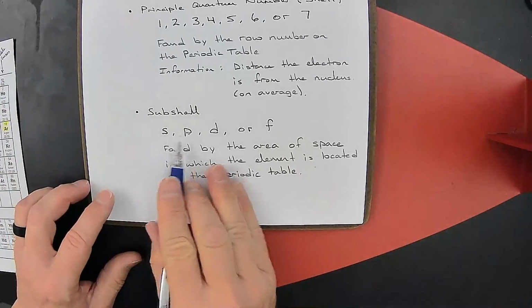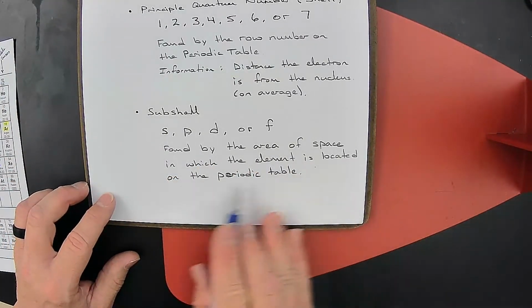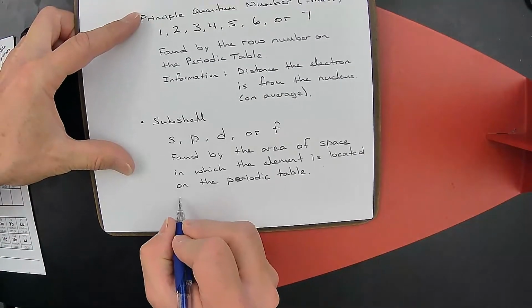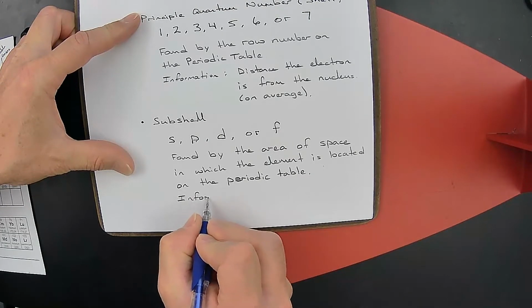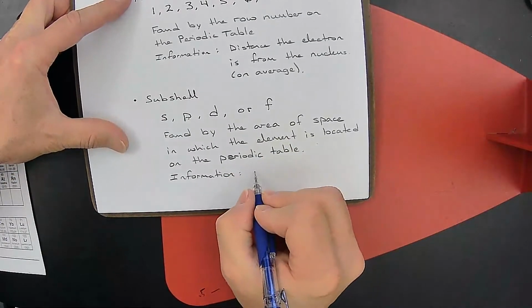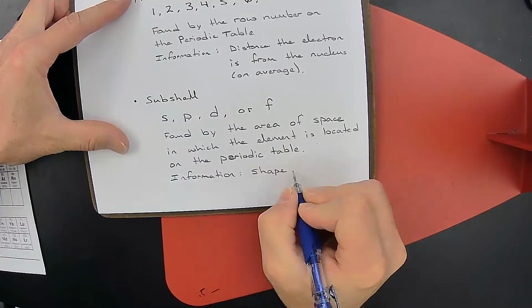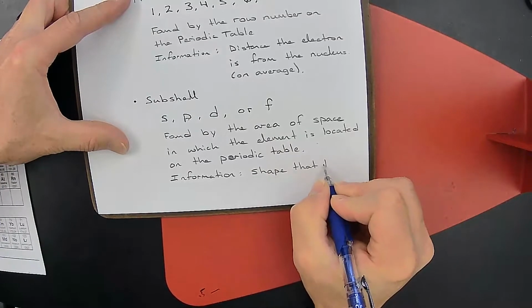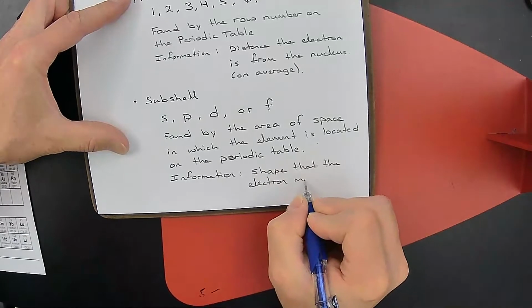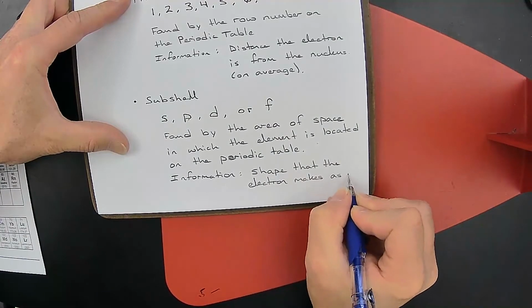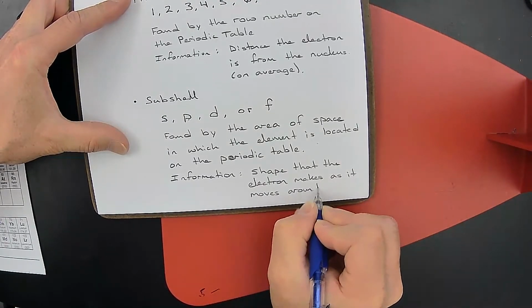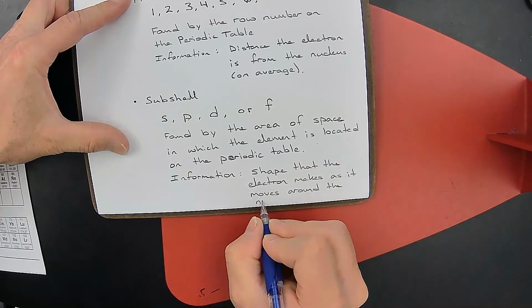So this is going to be found by the area of space in which the element is located on the periodic table, and the information that it gives us is the shape that the electron makes as it moves around the nucleus.